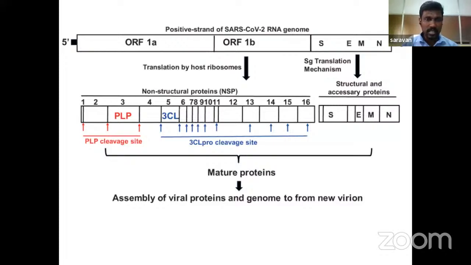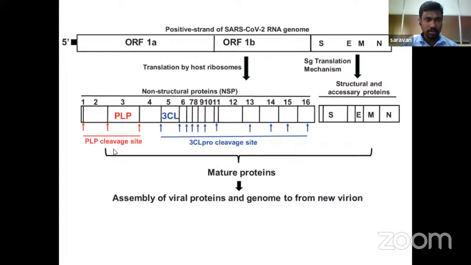Initially, there is an intracellular autoproteolytic activity taking place, cleaving the 3-chymotrypsin-like protease and papain-like protease. Once these two proteases are released, they further cleave the non-structural proteins into individual compartments.